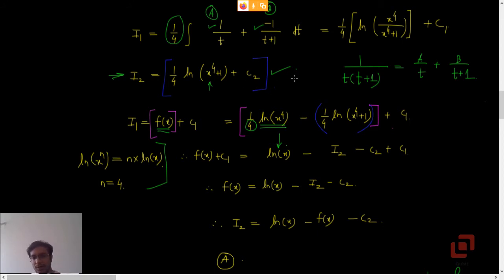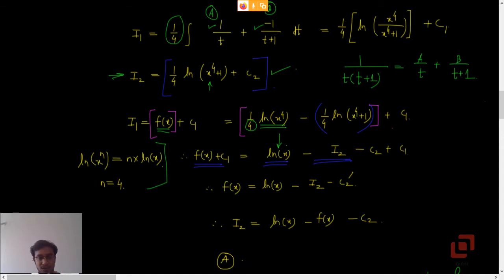We will not care about the arbitrary constants now, because addition of arbitrary constants is a new arbitrary constant. Okay, so on the LHS we have f of x plus c1, and on the RHS we have log of x minus I2 minus c2 plus c1, but that is fine. So what is f of x now? F of x is equal to log of x minus I2 minus, let's call it c2 dash, the arbitrary constant, but we want I2.